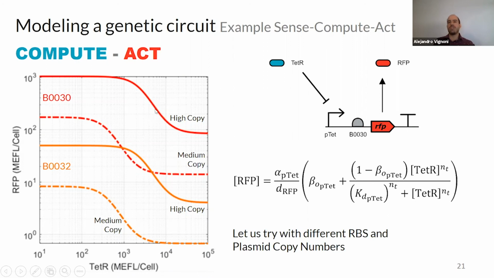When you change the RBS, it goes down from here to here, maintains the KD, doesn't change. But if you go from a high copy to a lower copy plasmid, you change the level in the y-axis, but you also move the curve to the left, meaning that the range of the input, which in this case is theta, is a different range.